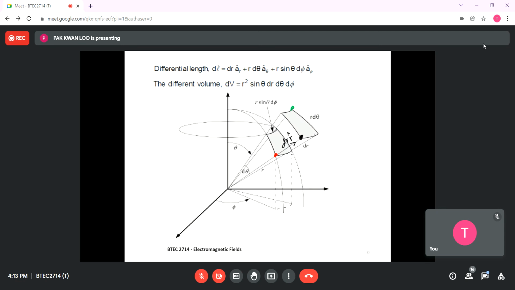Then from the black dot to the blue dot, this displacement is r sine theta d phi. And to here is theta.